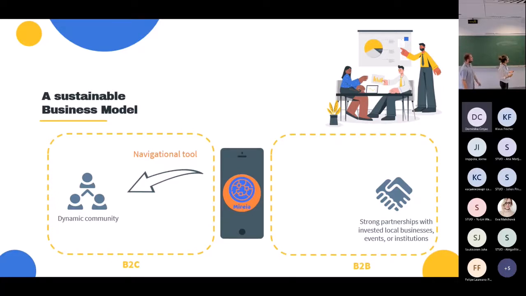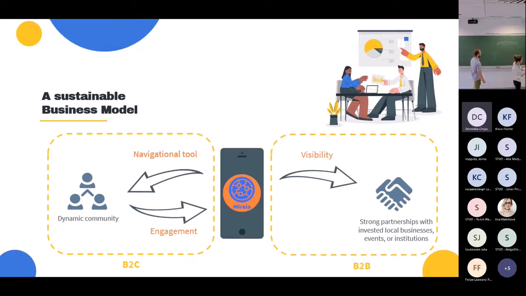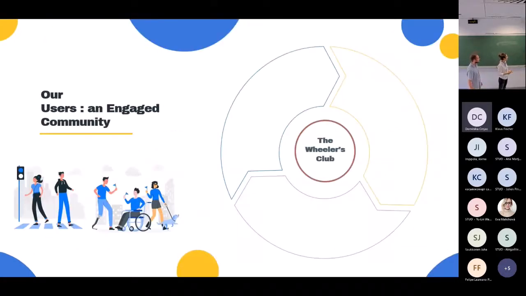Then this community will feel engaged and keep on rating businesses, keep on being active on the application. So our application can take this engagement and transform it into visibility for our partners, our business partners, local partners, event organizers, and even institutions of the city. This visibility will obviously be transformed into money for our application. And this is our sustainable loop for our application.